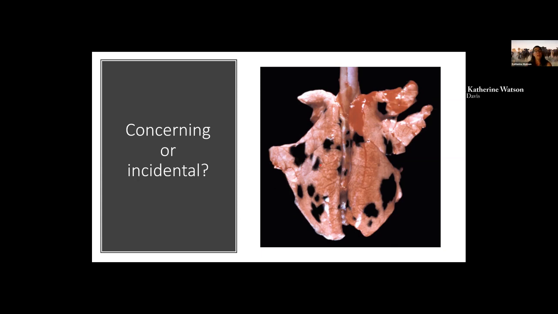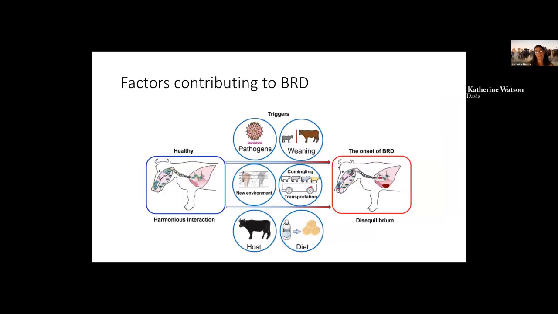And this is where that cell phone picture can be really helpful too, because distribution, whether it's just on the surface of the lung or whether it's deeper down, can be helpful for the pathologist as they're trying to interpret the lesions when they only get a small part of the animal. So I appreciate everybody who put their answer into the chats.